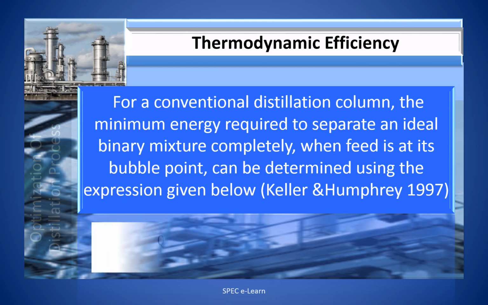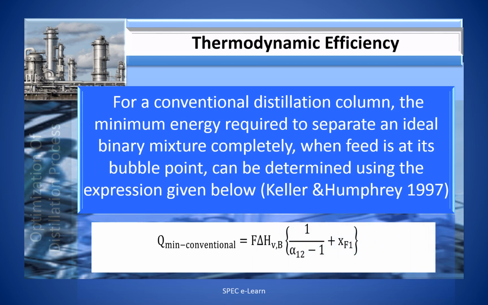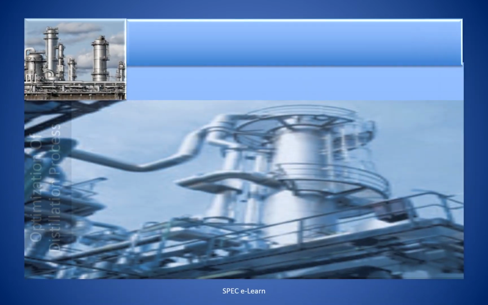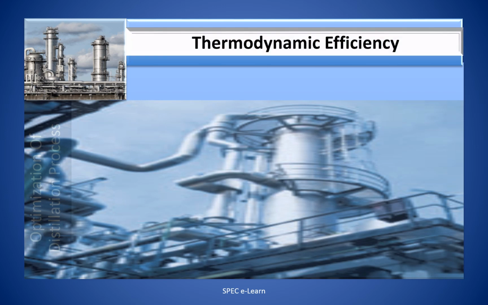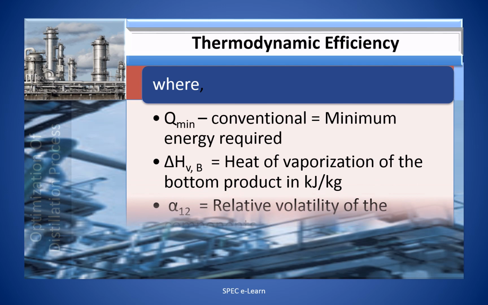This expression is a function of the feed rate, heat of vaporization, mole fraction of the component in the feed, and the relative volatility. The equation given here is an expression of this relationship. The units of the various terms used in the above expression are explained here.